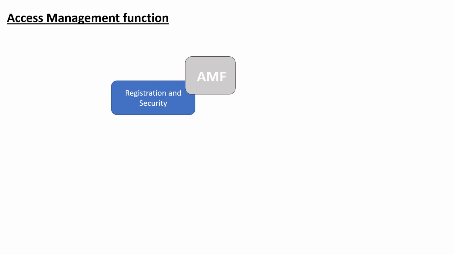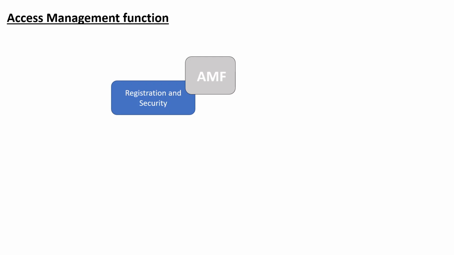It gets the subscription data, maybe the AM data, which is the access management data. What is the slicing information of the subscriber? What is the QoS that is assigned to this customer? AMBR, QCI, right? All this information is part of the access management data, which will be given by the UDM to the AMF during the registration procedure.